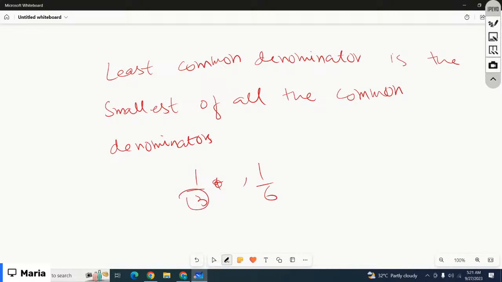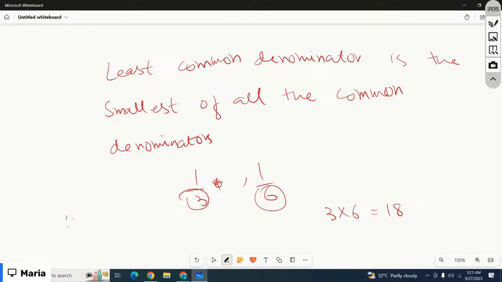Their denominators are 3 and 6. Let's do 3 times 6. 3 times 6 is 18. But we can write down the multiples of both the numbers 3 and 6.